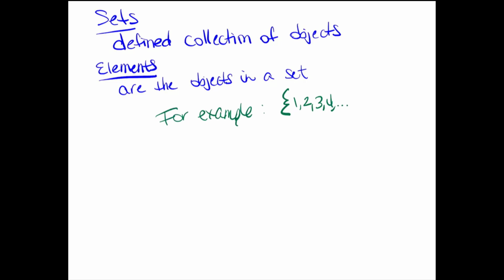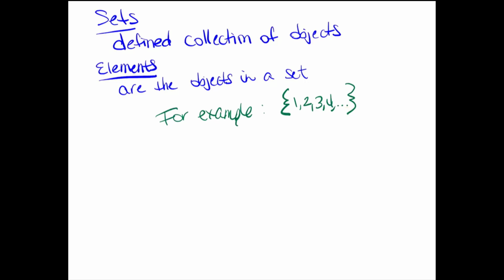That's what those dots would mean. And then I'm going to close that set with another bracket. So this whole entire piece, this would be my set. And then I have elements inside that set, these objects. So 1, 2, 3, 4, and whatever other numbers are included, those are my elements in my set.